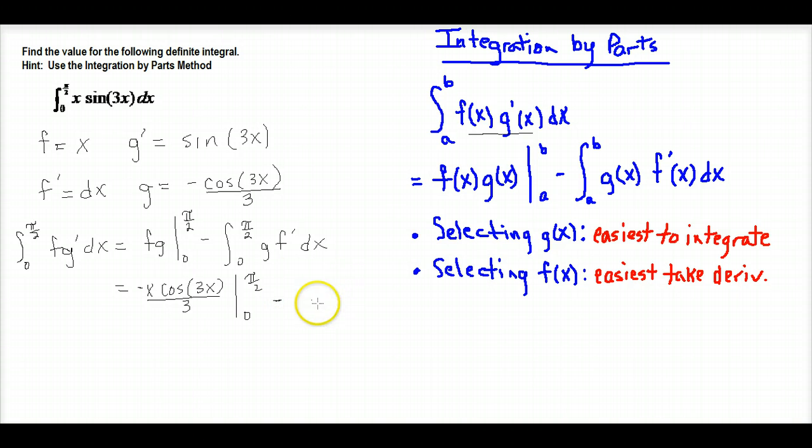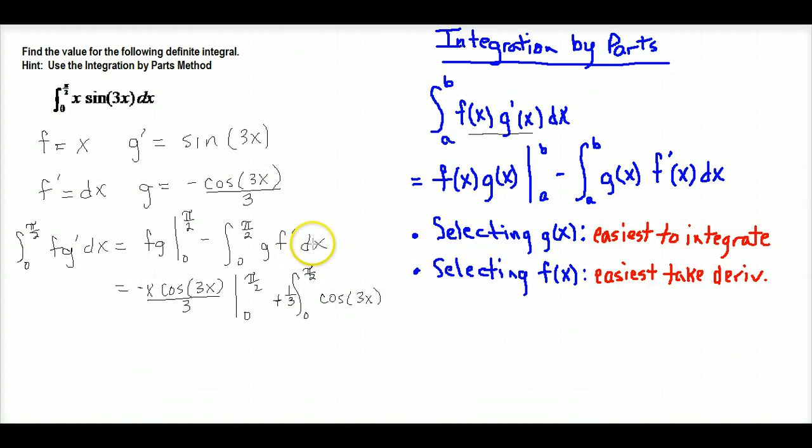Minus the integral from 0 to pi over 2. And so now we need to write in g. G would be a negative cosine 3x over 3, which here we can go ahead and adjust and make a plus. Put the 1/3 on the outside, and then do cosine of 3x.